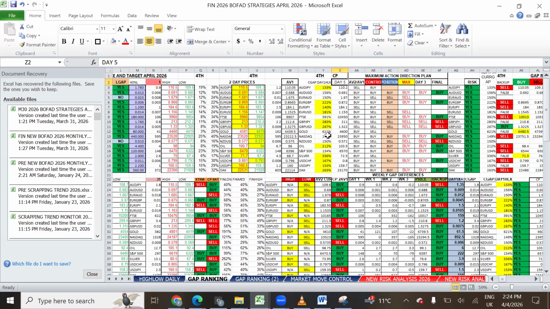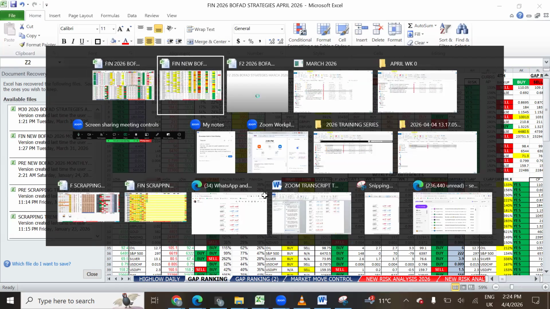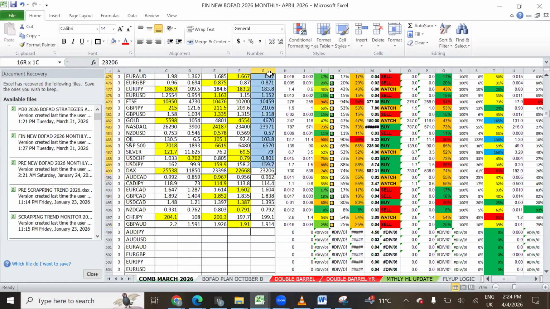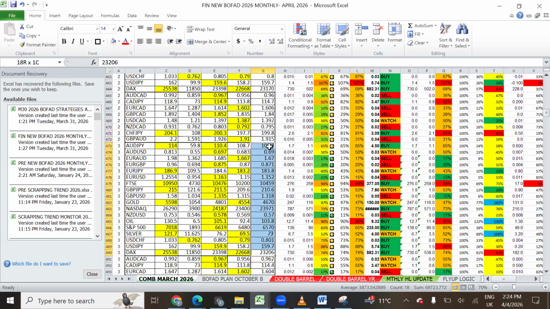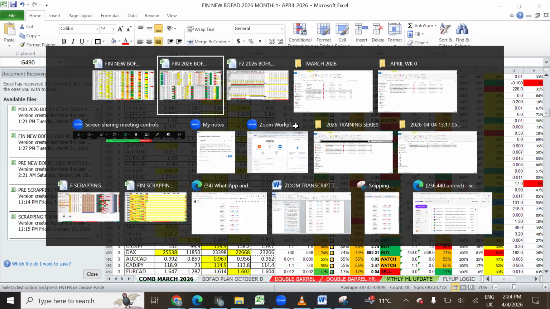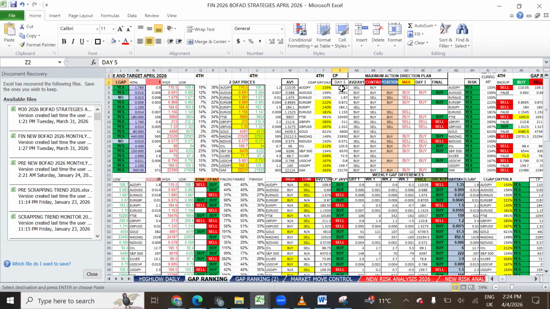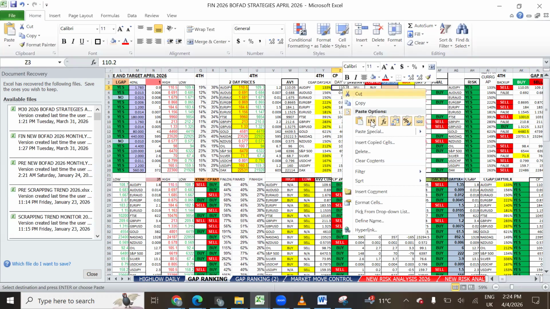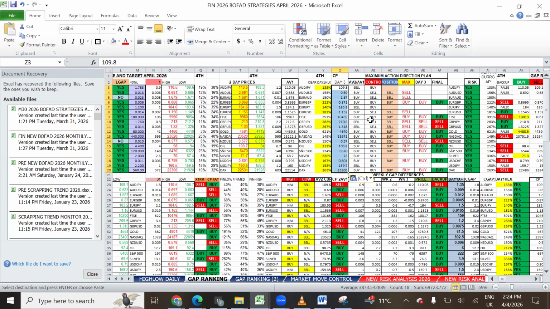Okay. So all I need to do is go to Bofad, like I said, my main report is from Bofad monthly. So look at here, this is where the current price is. I copy this and paste it there. Copy and paste, simple as ABC. And then go also to copy the second part as well.